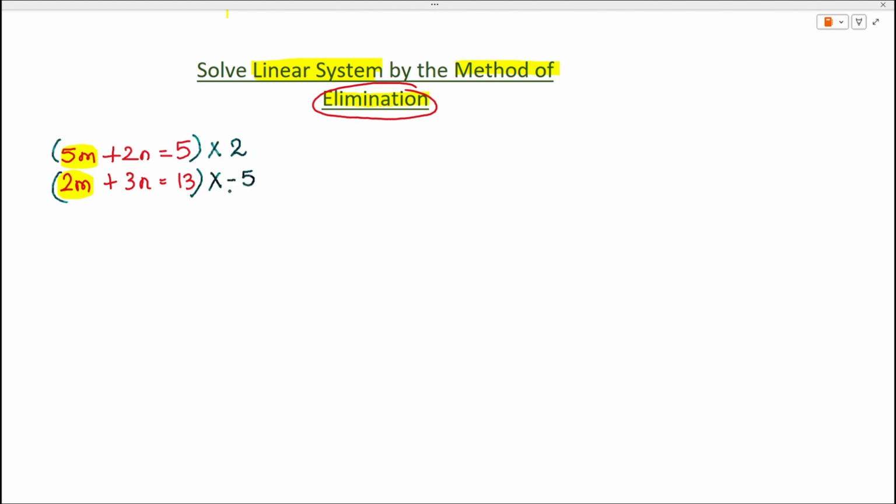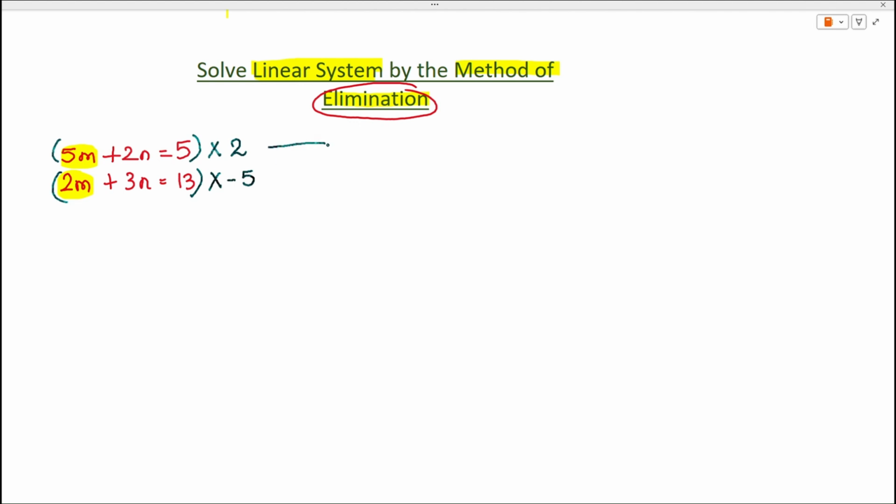And why are we doing that? Because we need to have one coefficient positive and the other negative, so that when we add them together, that specific variable gets cancelled out. Let us see how it works.